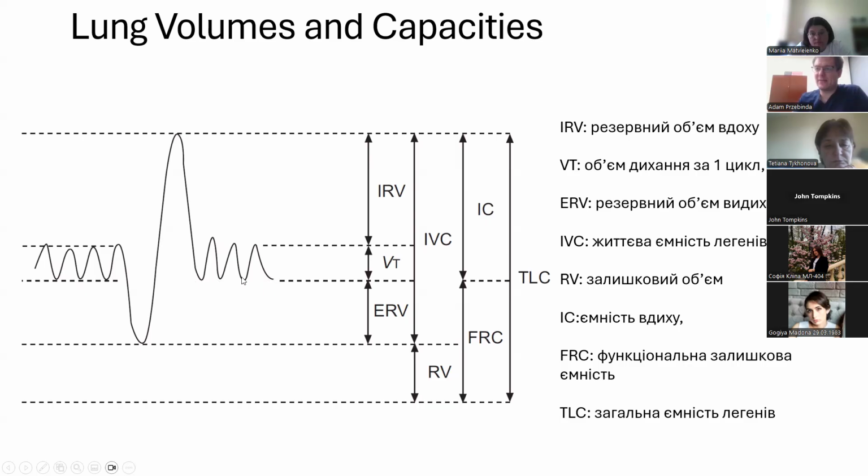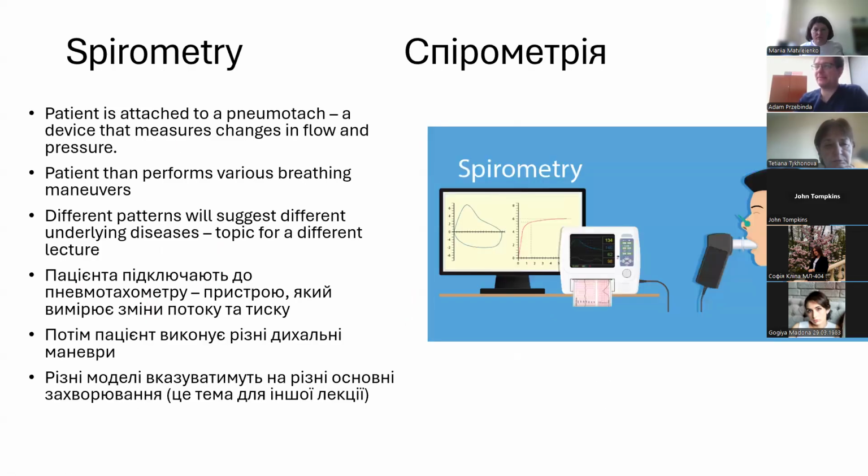If you ask somebody to just tidally breathe and then pause here and do whatever maneuver you're going to do to measure the lung volume, this FRC is probably the most repeatable measurement. So this is what we measure typically. Then we do a couple of maneuvers to determine these other volumes and add them together to get the total lung capacity. I'm going to put that on the next couple of slides.